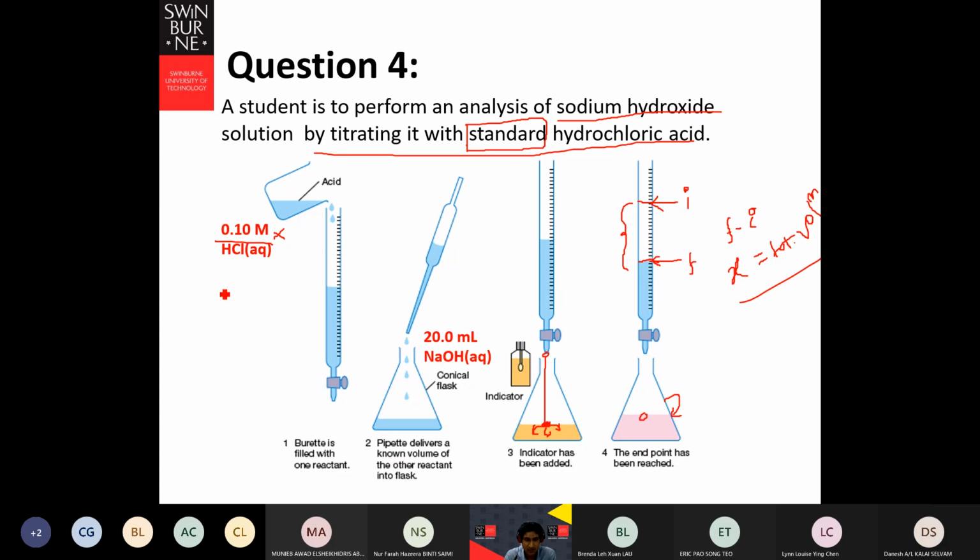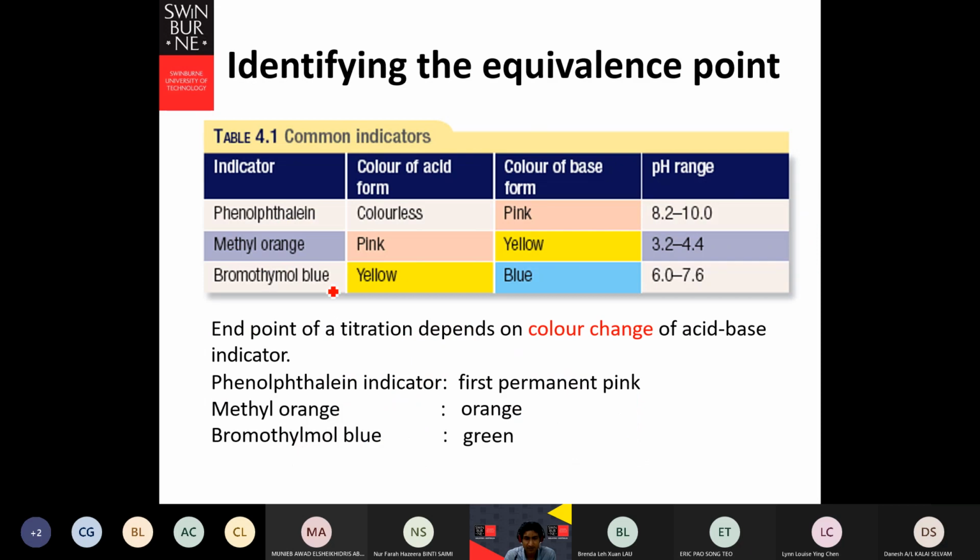But before that, we have to know the reaction, how the reaction goes on. HCl plus sodium hydroxide is reacting, and it is a 1:1 reaction, so the number of moles will be the same. We're going there actually.